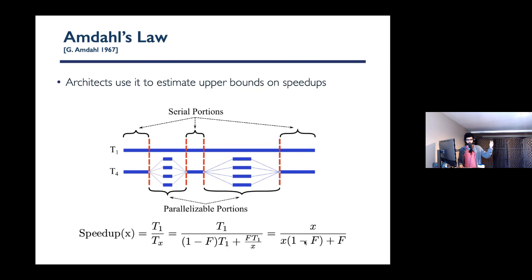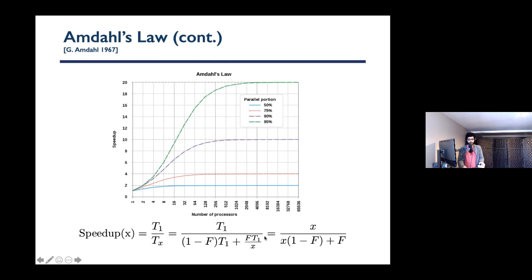In reality, you probably have limited models where adding more cores is not going to help you with your execution time. So there's probably some limit on how much parallelism you have in these parallel portions. Overall, this is just an estimation, and it gives you an upper bound on how good it could be. First of all, it's an approximation. The second, this is an upper bound. This is the best you can get.